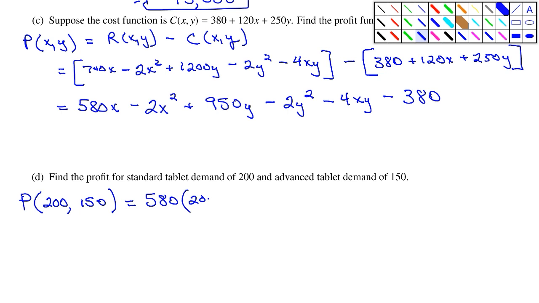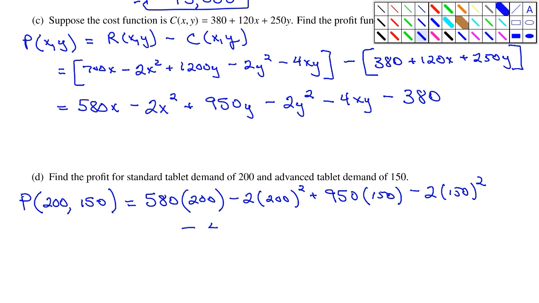So it'd be 580 times 200 minus 2 times 200 squared plus 950 times 150 minus 2 times 150 squared minus 4 times 200 times 150 minus 380. And we get a profit of 13,120.